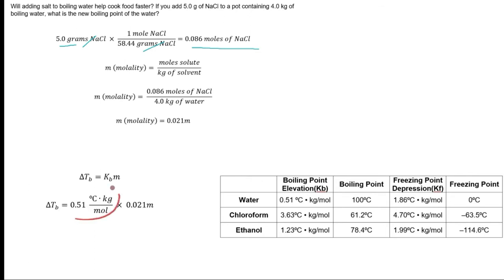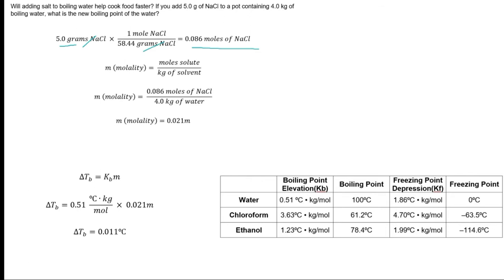So let's calculate how much the boiling point of water changes. So here is my Kb, which of course I got from my table. I calculated my concentration already. It's 0.21. And that is in molality. So I know my boiling point is going to change 0.011 degrees Celsius. That's not very much.